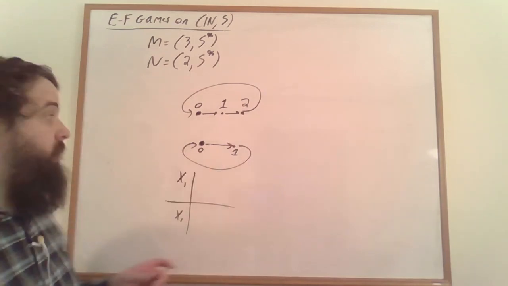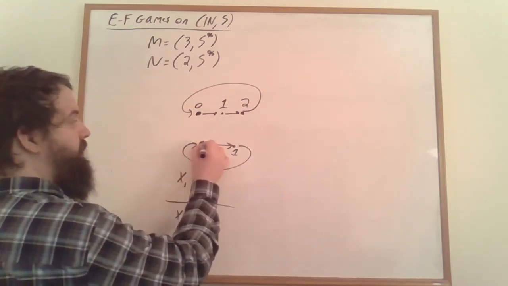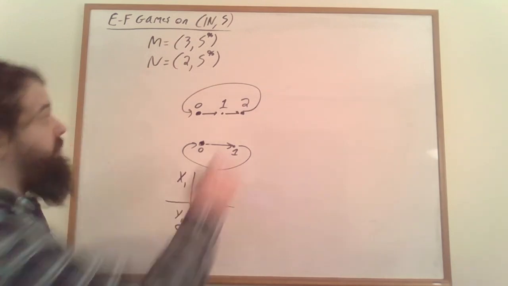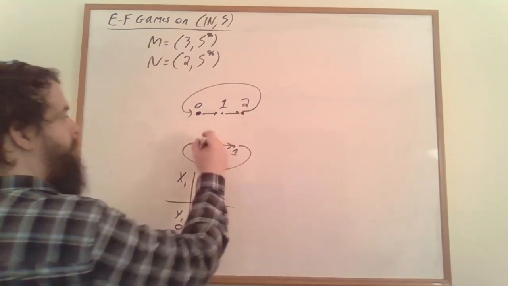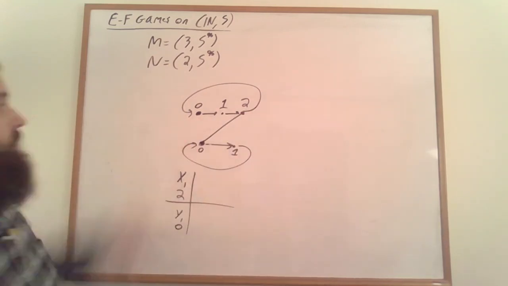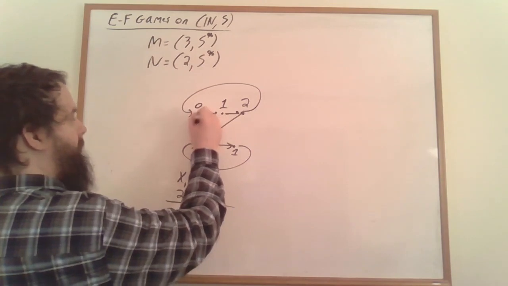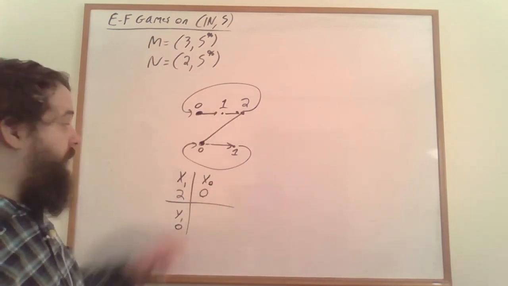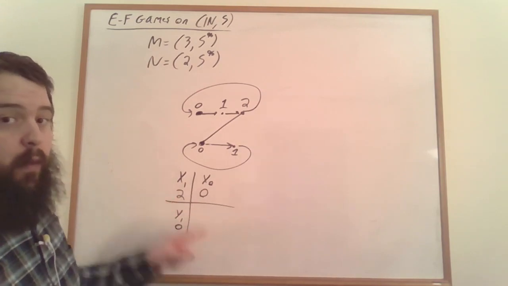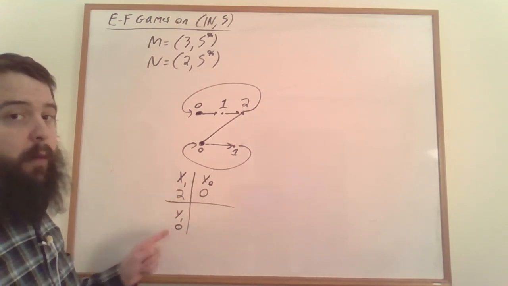Let's say that spoiler starts by playing at this 0 here within n, and duplicator matches it to this 2 within m. Now let's say that spoiler plays here at this 0 in m. Now, because x2 is the successor of x1, y2 needs to be the successor of y1.